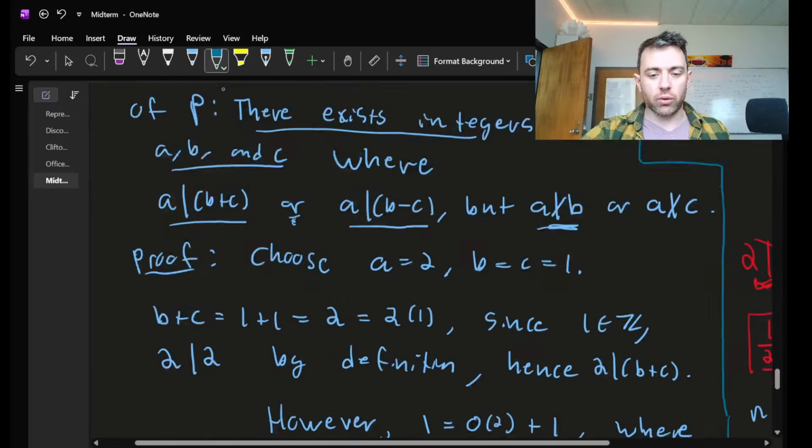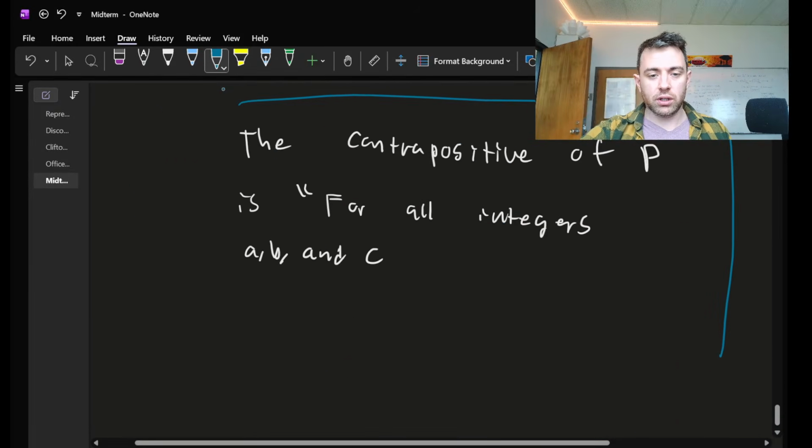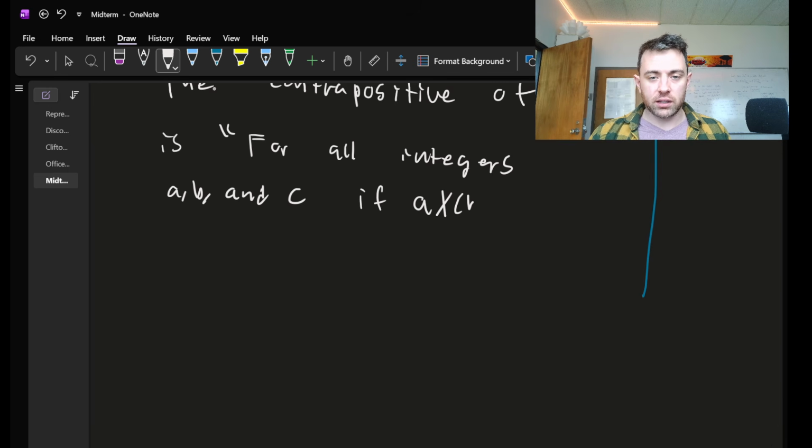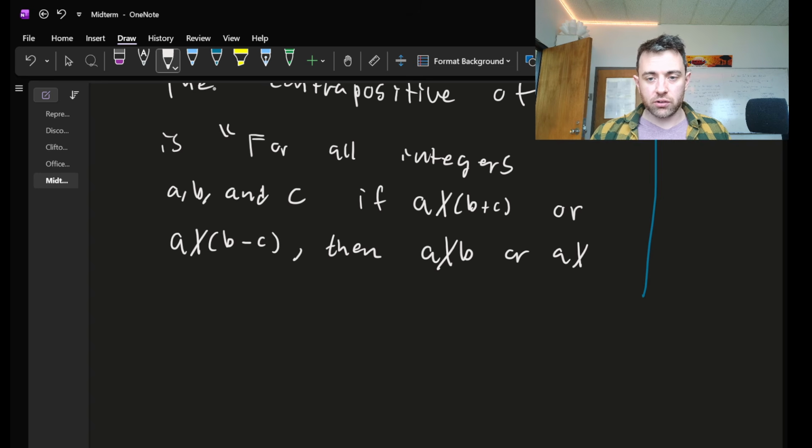So if a does not divide b plus c, or, remember we have to change the and to an or in the negation, a does not divide b minus c, then a does not divide b, or a does not divide c, right?